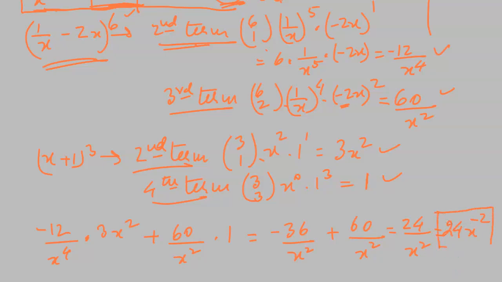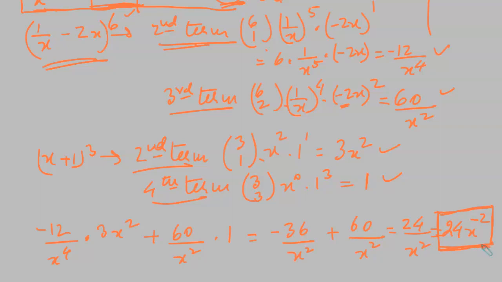This is our answer: 24x to the power of negative 2. And mind you, I am saying this is the term. But the question is asking us to give the coefficient. This you have to be careful about.